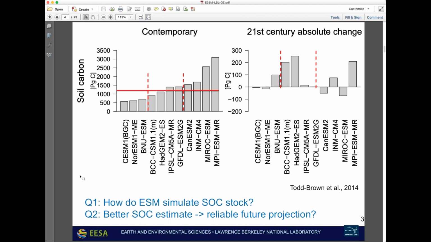So that's the bar plot on the right. And the answer is that's not the case. Even though those models give us a very consistent soil carbon stock at present day, in the future the projections are highly uncertain, and it's hard to say which one is more likely to be the case.